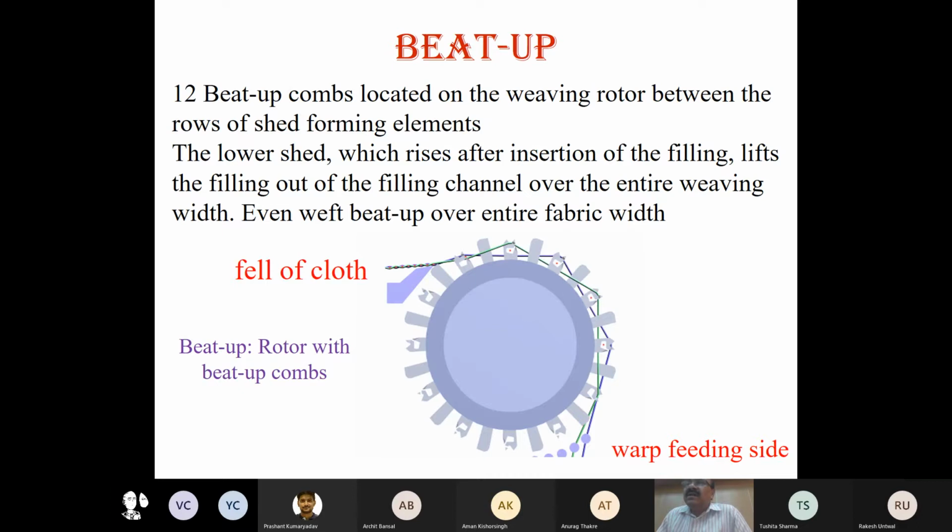If you go for any other weave, let's say 4 up, 1 down, or 3 up, 1 down, then float length will increase. That means you cannot go beyond 4 weft insertions at a time. Complex weave means basically higher float length.